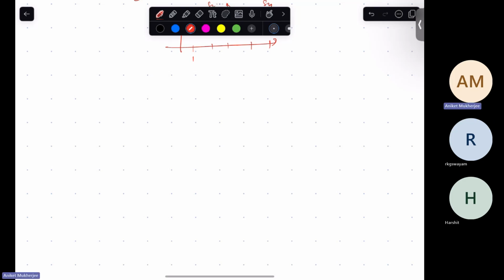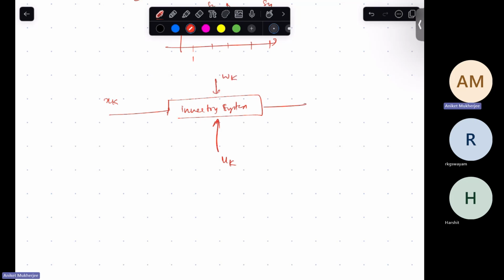This is your inventory system. You give your input uk, you get some wk disturbance from the outside, and then you produce xk plus 1. You take this xk, take this uk, and you have this cost function that you're trying to minimize.